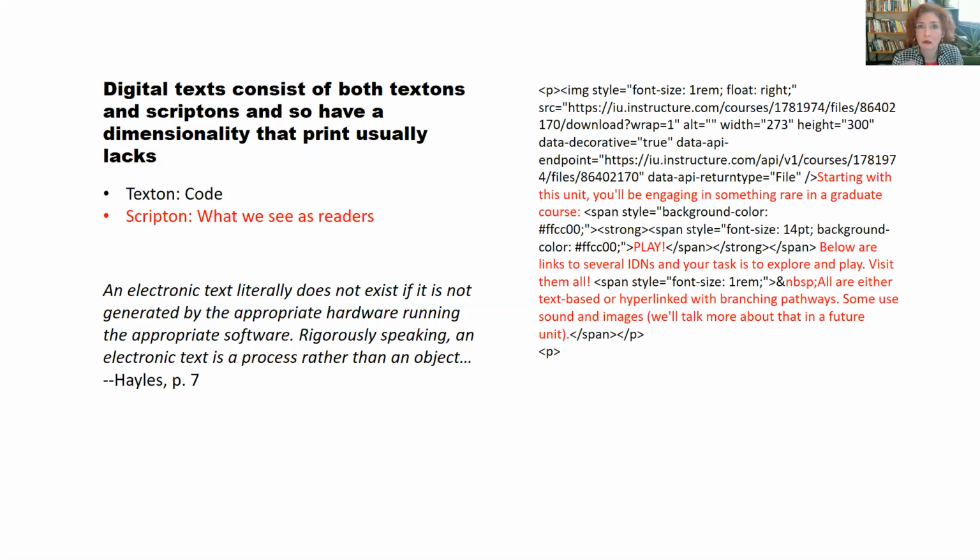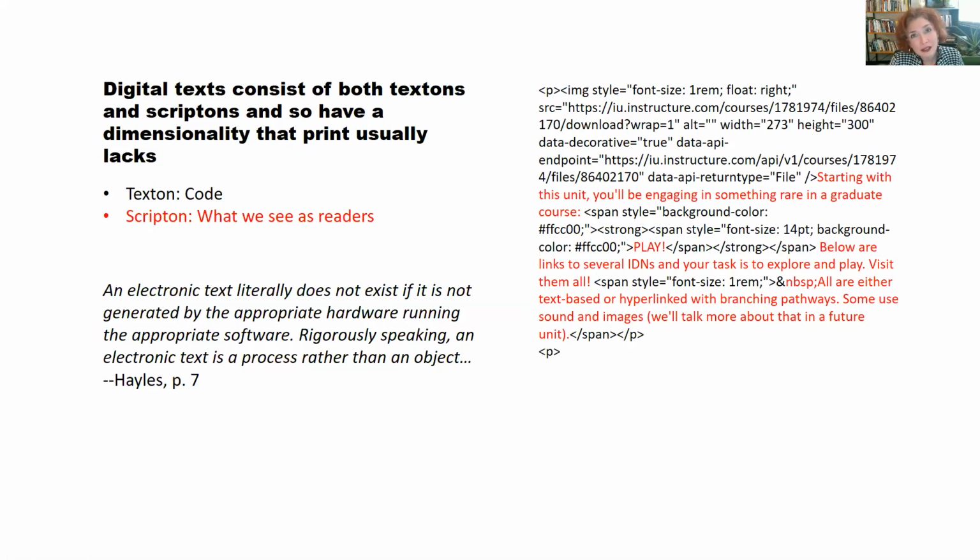So when you are looking at that particular screen as a student, you see what's in red, right? That's what I typed. Starting with this unit, you'll be engaged in something rare. But the texton is all the black that basically tells the computer how to render the scripton.